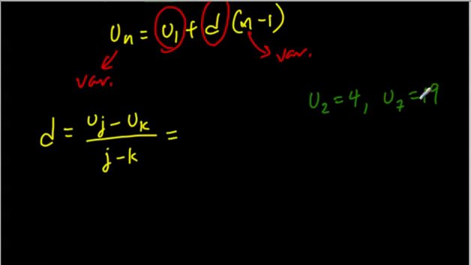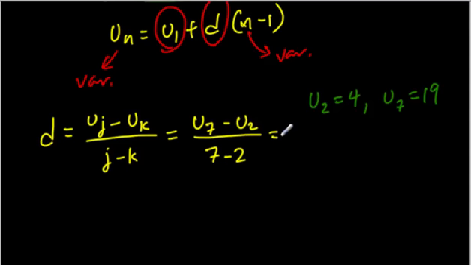Using this example, you can pick u7 first or u2 first, but I'm just going to pick the higher term first. So this is (u7 minus u2) over (7 minus 2).